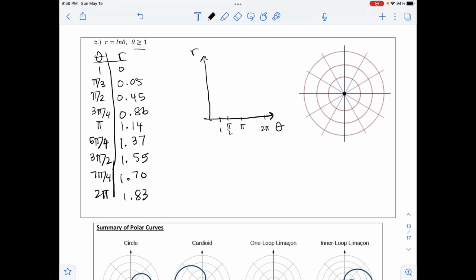So at 1 we do have 0. At pi over 2 we have 0.45. So I'll go ahead and put some values on the r axes that we have. And so at pi over 2, 0.45. At pi we have 1.14. 2 pi we have 1.83.